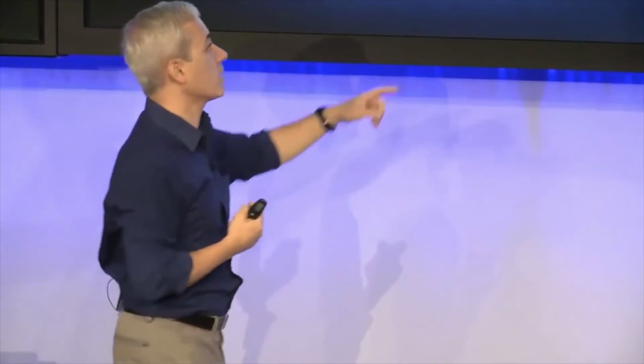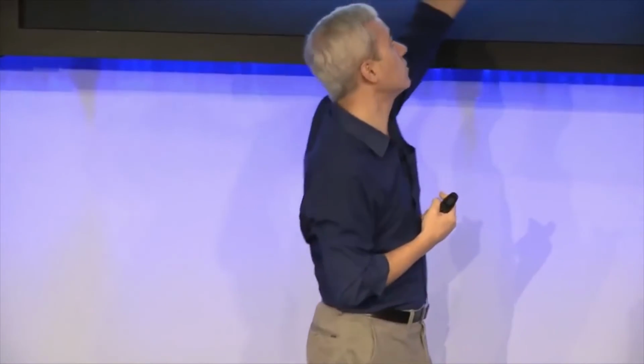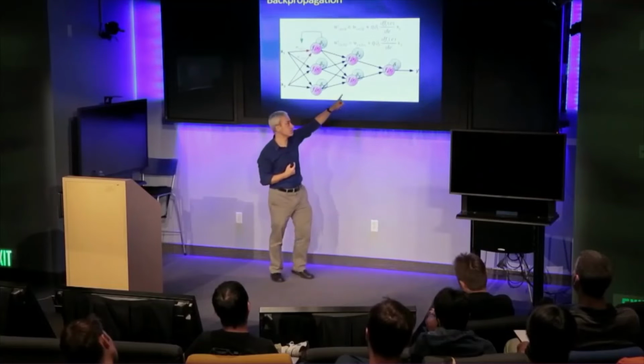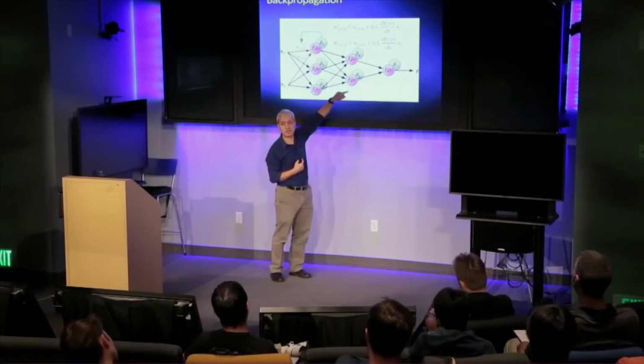So what I do is I compute the derivative of this error with respect to the weights in the last layer, and then with those, I now have an error signal coming from these neurons. It's like, oh, you should have been higher, right? You should have been higher in order to make this guy fire because you have a positive weight. You should have been lower because you have a negative weight and you're preventing it from firing. So now I know an error signal at the neurons at this layer.